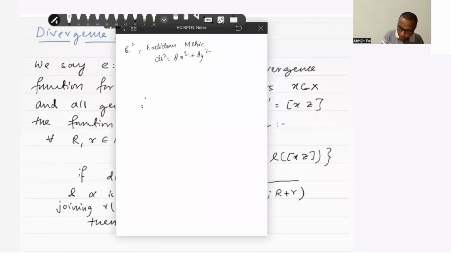Let us take a point X in E2, and let us take two straight lines coming out of this X. Let us call this point Y and this point Z. Let small r be equal to the distance between X and Y, and also let the distance XY be equal to the distance XZ. And let us take this angle to be theta.